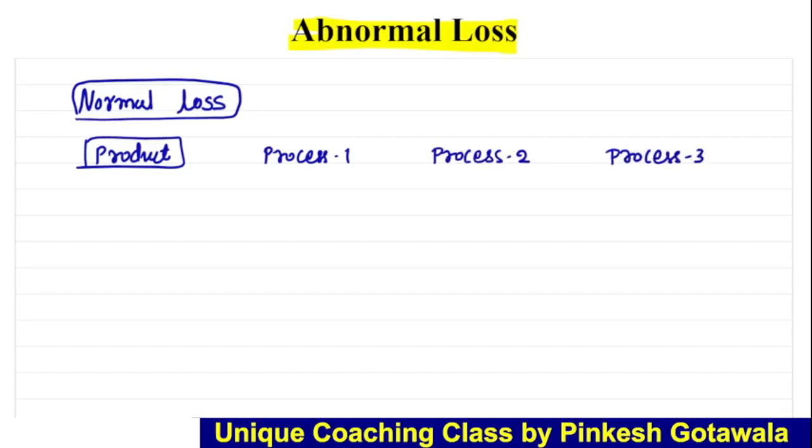The manager or supervisor of that factory knows very well that in process 1 there must be 10% loss, in process 2 there must be 5% loss, and in process 3 suppose 8%. They know this happens, this occurs. This loss must occur. Even if we take any step, it must occur. However many steps you take, this loss will happen. So this is called normal loss.